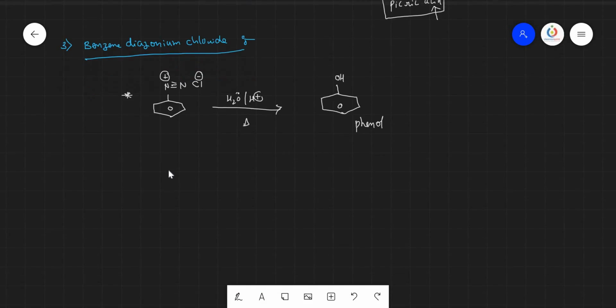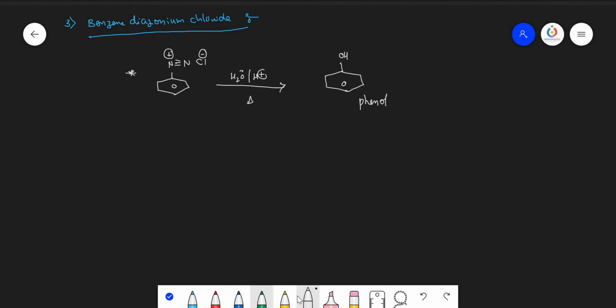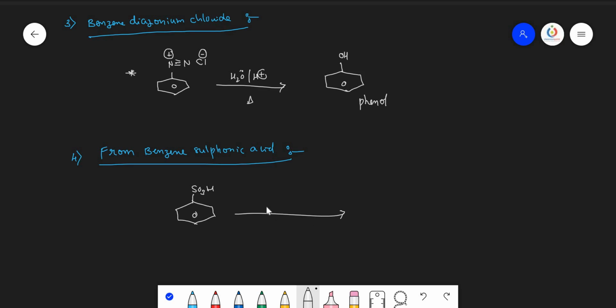Okay. Now let's take the benzene sulfonic acid. From benzene sulfonic acid, so in benzene sulfonic acid, this is benzene sulfonic acid when subjected to fused KOH.